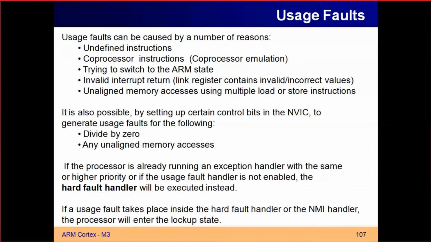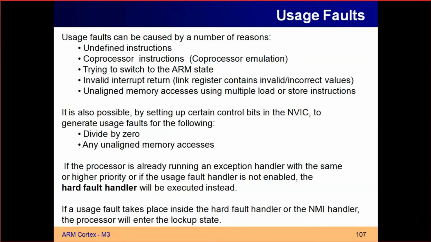Instructions which are not there in the current instruction set, but are present in some other version. In this version it is not there, but in another version it is there. That is known as undefined instructions. So in Cortex M3, if an undefined instruction occurs, usage fault will occur. But in ARM7, it will move on to a mode known as undefined mode.